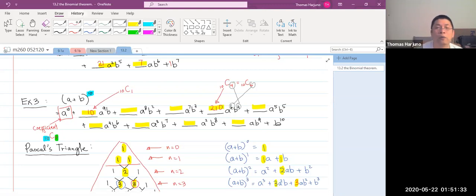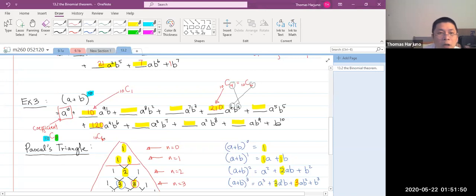And therefore, for the same reason, this number will be 120 also, because this is actually 10 combination 6. So even though it seems like there are a lot of things you need to do, once you do one, let's say 10 combination 1 is 10 here, then this will also be 10.